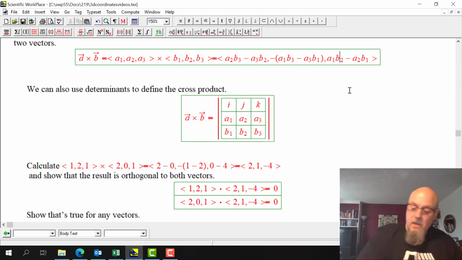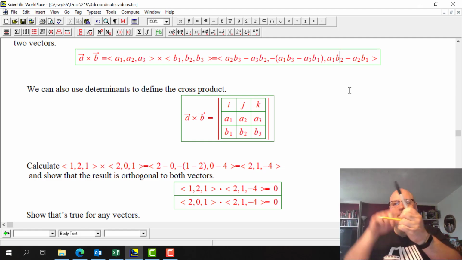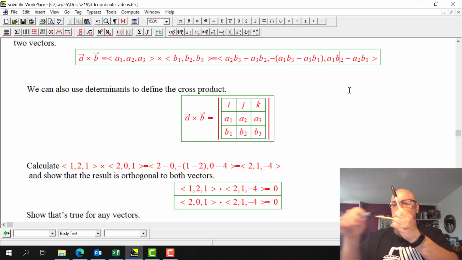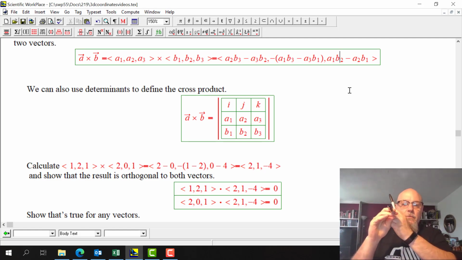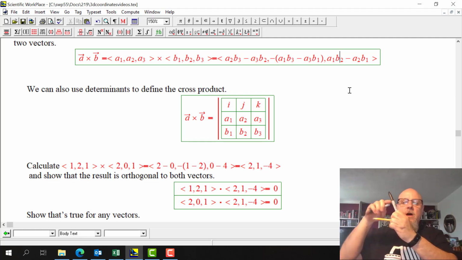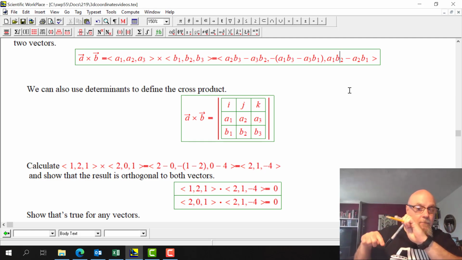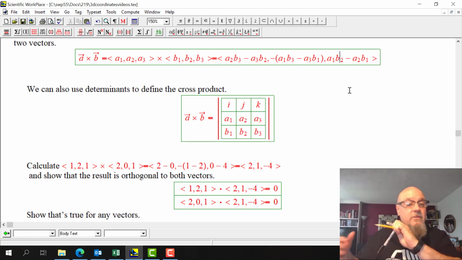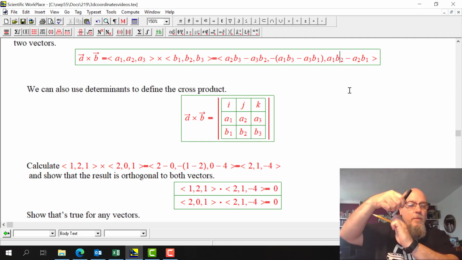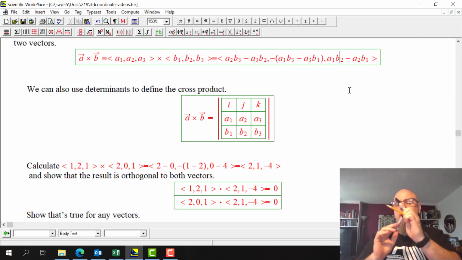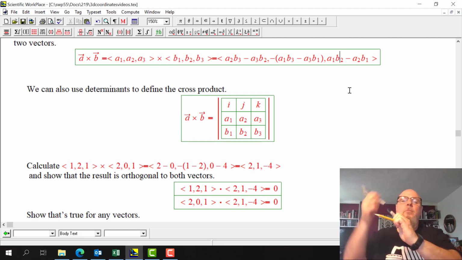So again, if I do A cross B, I'll get a vector that points perpendicular out this way, and if I do B cross A, I'll get a vector that points perpendicular the other way. It'll have the same magnitude, it'll just have the exact opposite direction. They'll be parallel, but one will be plus and one will be minus. So if it's perpendicular this way, it's perpendicular that way.